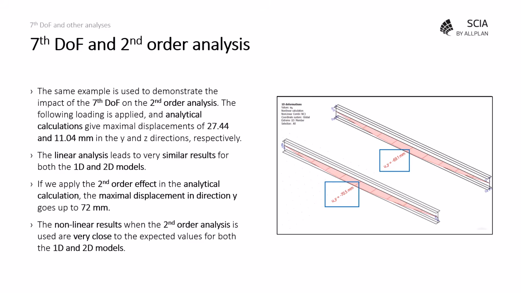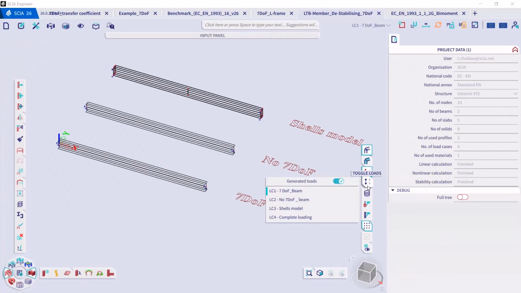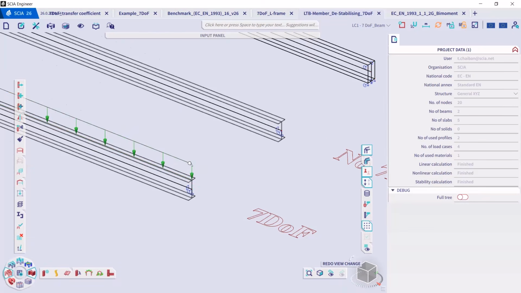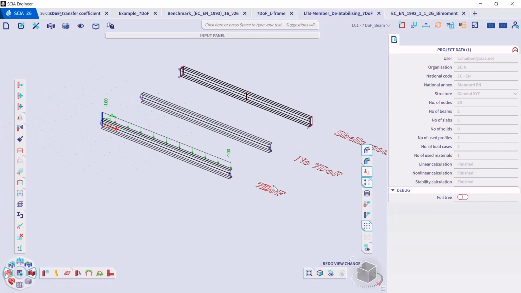So let's go ahead and have a look at this directly in SCIA Engineer. So first, let's talk a bit about the stability. As we mentioned earlier, we have considered its destabilizing. So we have put a load of 1 kilonewton per meter on the top flange of the beams. So this is a beam with 7 degree of freedom.